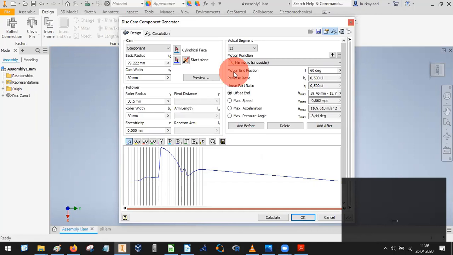Okay. We will subtract the base circle in all values, from all values.